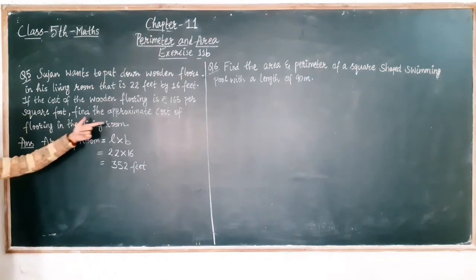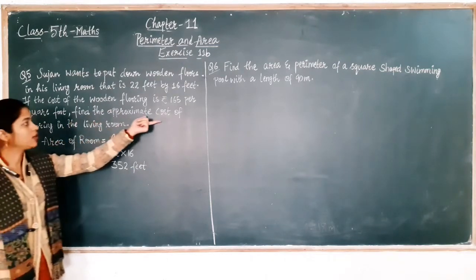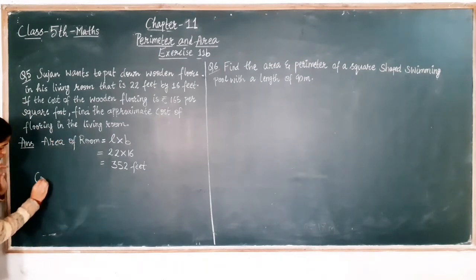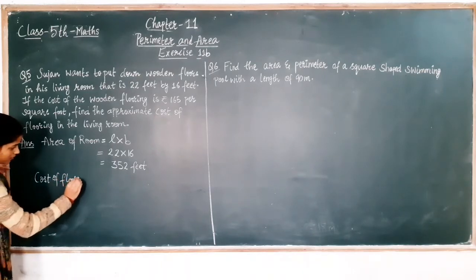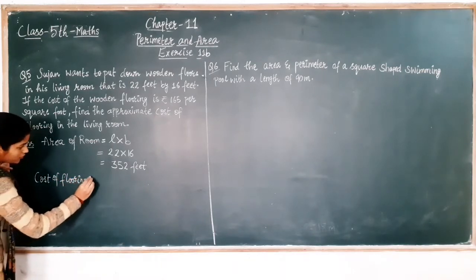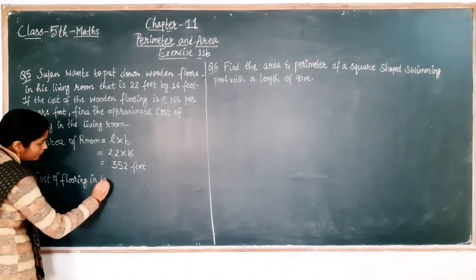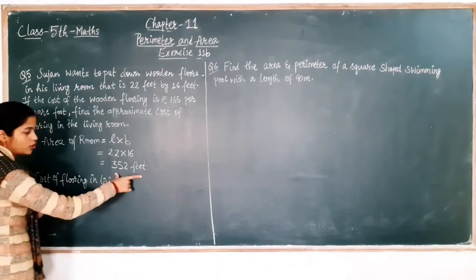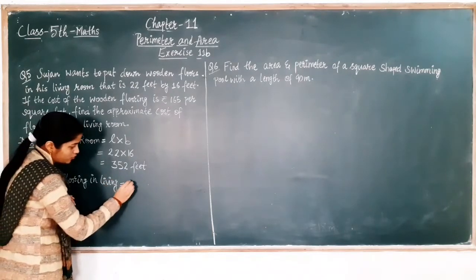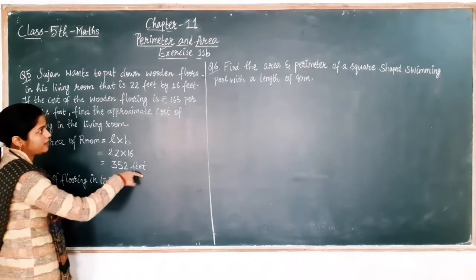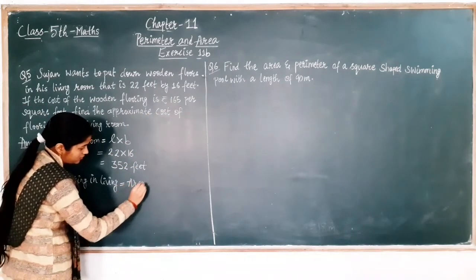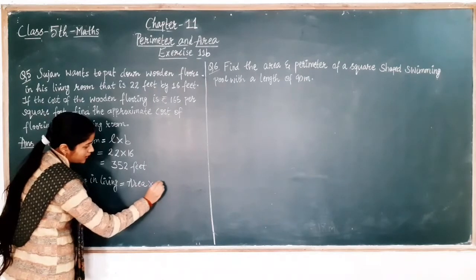Now we have been asked the cost of flooring in the living room. So we will find the cost of flooring in living room. So what we'll do? We'll multiply the area with the given cost. That is area into rupees.